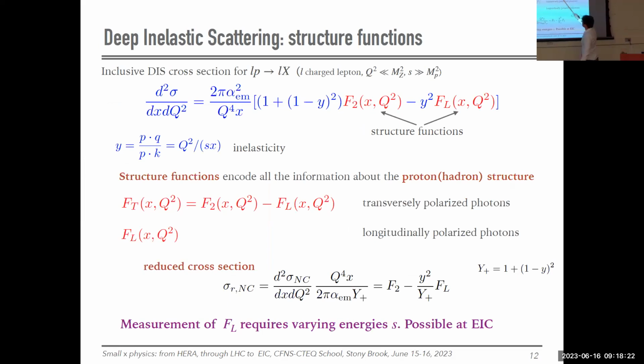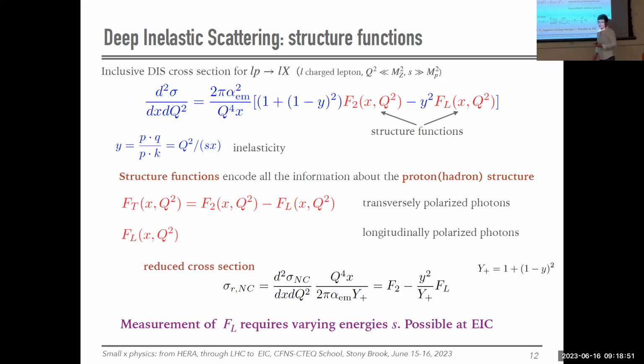So this is just as a reminder, the inclusive cross section in terms of F2 and FL, right? And you can write the reduced cross section like that. So when you measure the cross section, you essentially measure this combination at fixed x and Q squared. But when you want to extract FL or F2 separately, you need a variation of this factor, which depends on inelasticity.